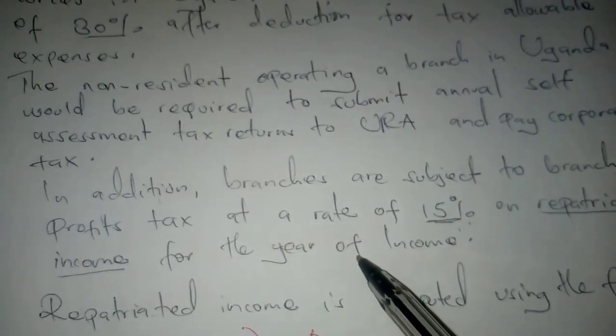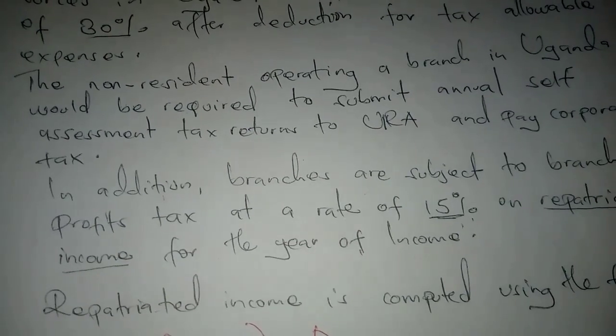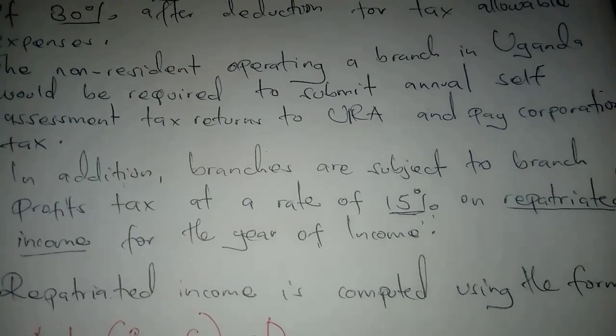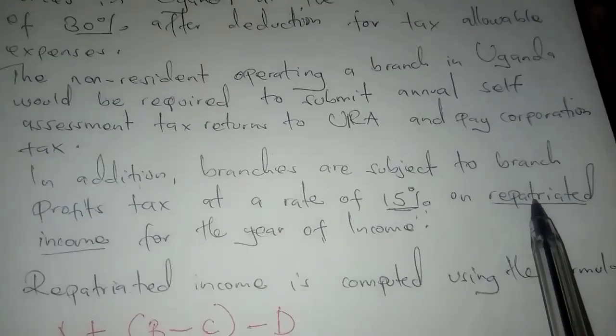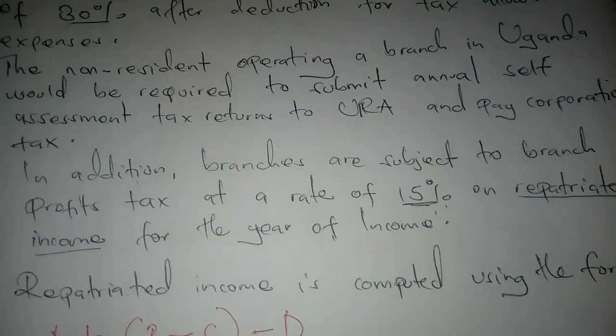Repatriated income is that income that is sent by foreigners back to their home country. They earn it from here and then they send it back to their home country. It's what they call repatriated income. So they are charged a rate of 15% on repatriated income for a year.